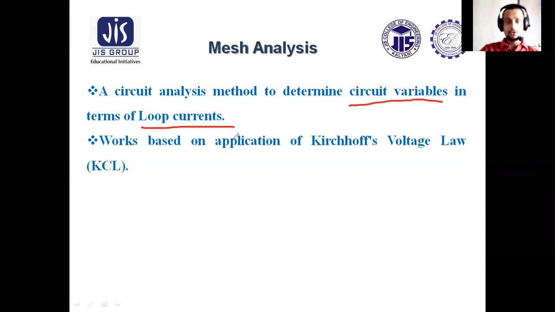In case of nodal analysis method, circuit variables were determined in terms of node voltages. So what were node voltages, that is hopefully clear to everyone if you have gone through the last lecture. Today we'll be discussing mesh analysis, which is another powerful method for determination of circuit variables in terms of loop current. So what is loop current, that I'm coming into.